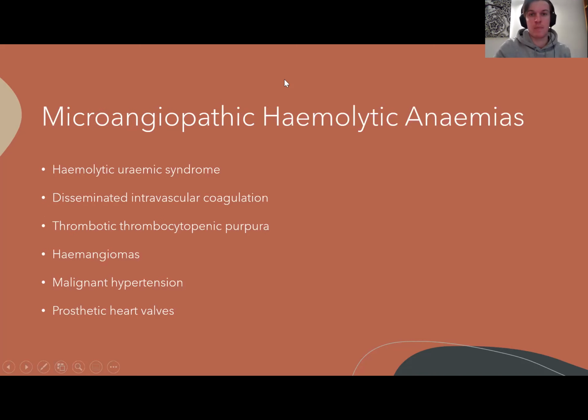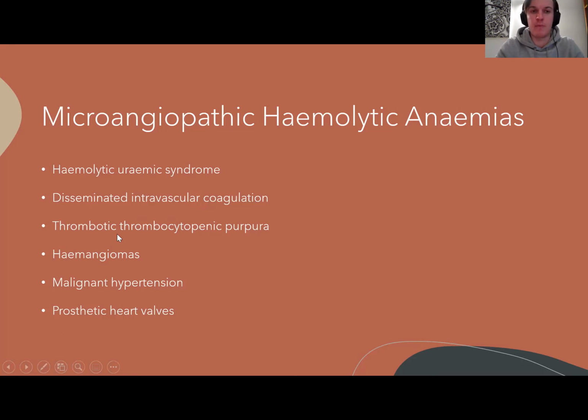Microangiopathic hemolytic anemias, MAHAs. So again, there are lots of different ones here. I'm not going to spend too much time on them, but the general principle with these is damage to the endothelium leads to fibrin deposition. So basically, you've got damage to the lining of the vessel. Your body starts to try repairing it.